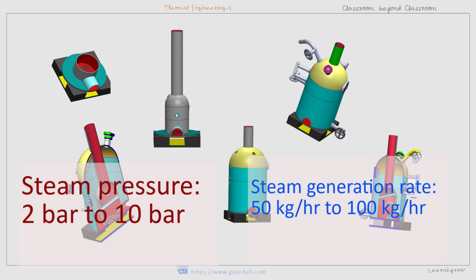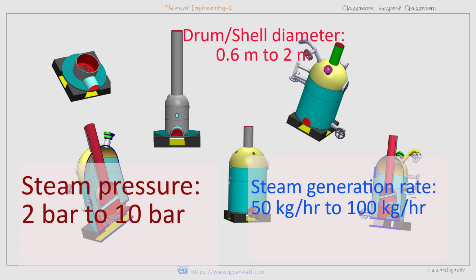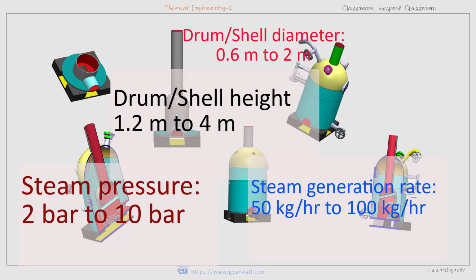The drum diameter or cylindrical shell diameter is generally from 0.6 meter to 2 meter, and the height of the shell is from 1.2 meter to 4 meter.